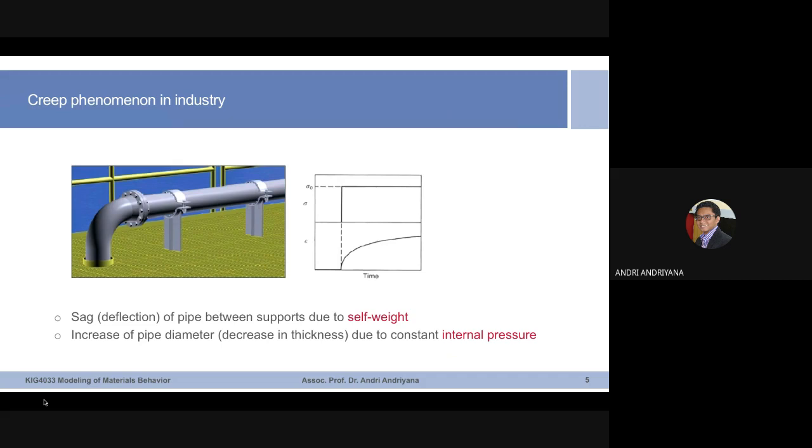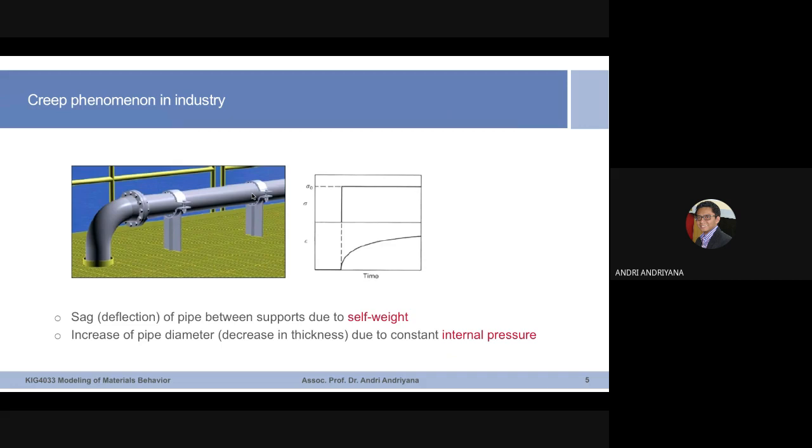If we look at the portions of the pipe between these two supports, between these two brackets, we know that these portions will undergo sag or deflection because of the pipe self-weight. This is a natural situation.